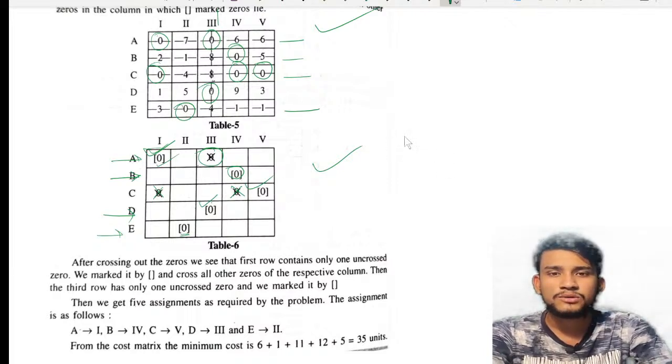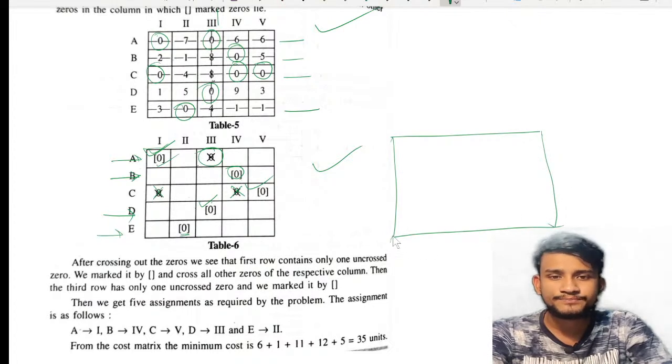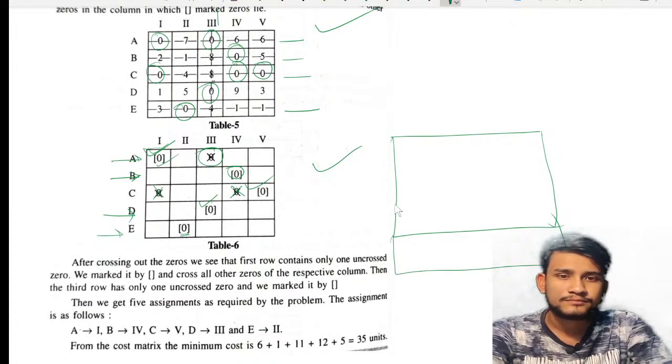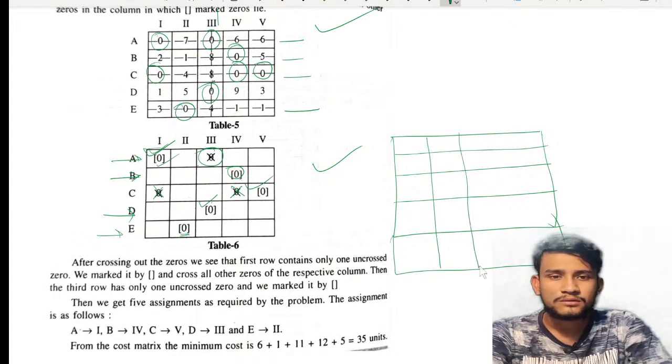Okay, so let me see it once again, see carefully. The zeros are this 0, this 0, this 0, this 0, this one and this one.